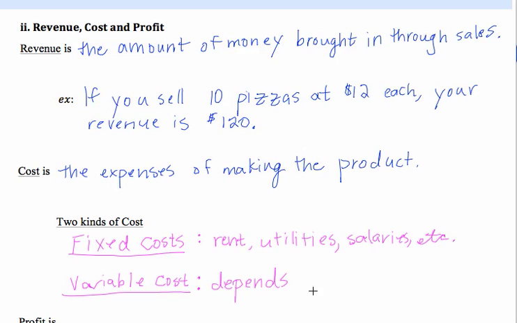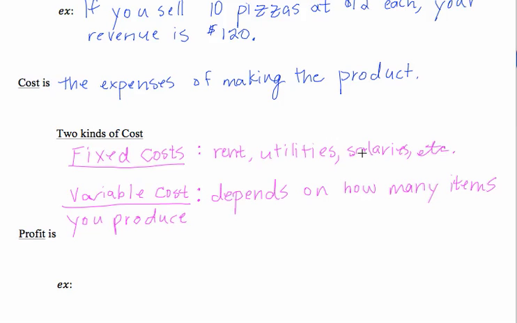So variable cost depends on how many items you produce. In a pizza world, for example, say maybe it costs you, I don't know, $3 to produce each pizza. That's really cheap, but if it only cost you $3 to produce each pizza, that would be your variable cost.